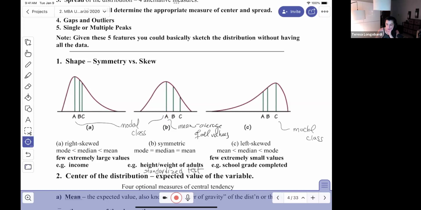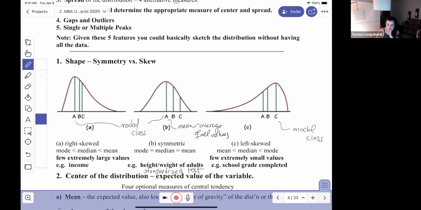When you have a skewed distribution, the mean is not the modal class. It's either B or C. And here, A or B. The other one is called the median.